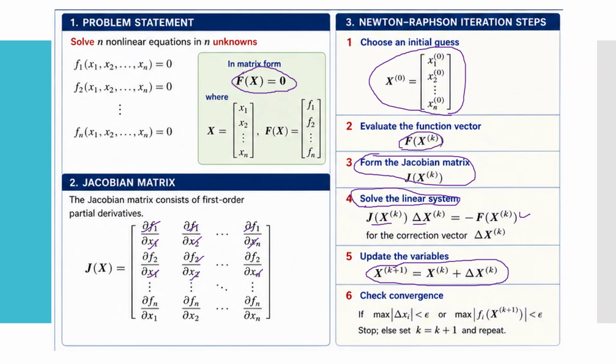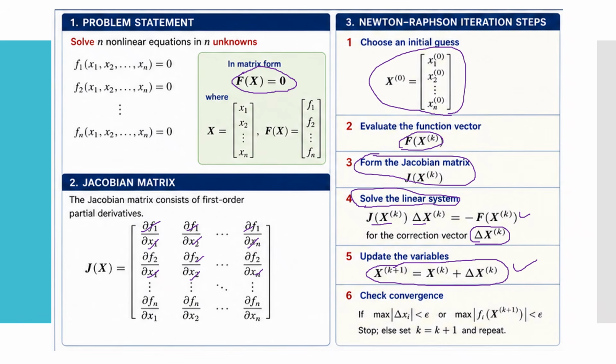The Jacobian matrix multiplied by the change in x equals minus the evaluated value of the function at that iteration, and it will be solved to obtain the correction vector. The correction vector will then be added to the initial guess to get the value of the variable at the iteration level.